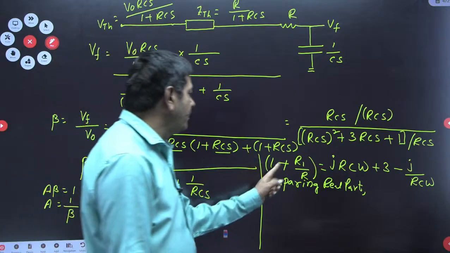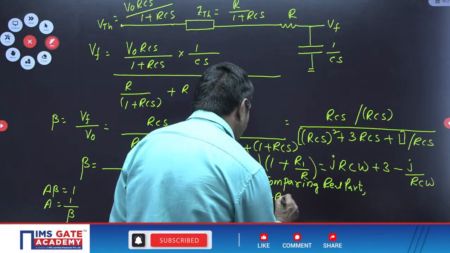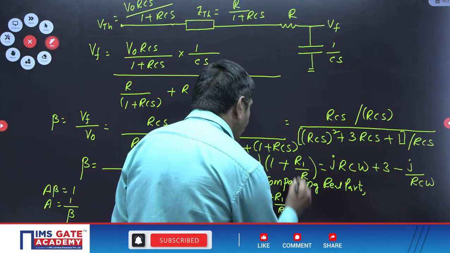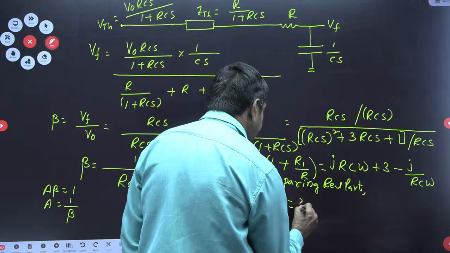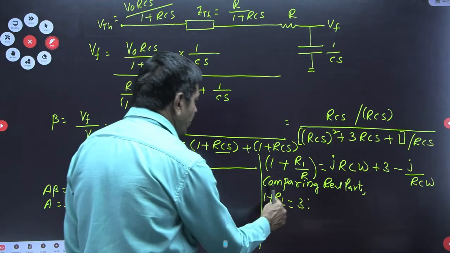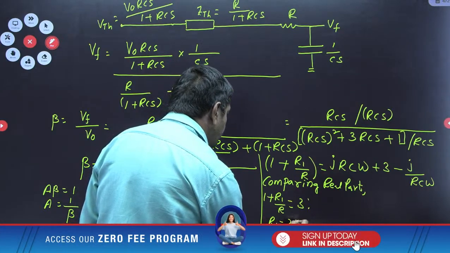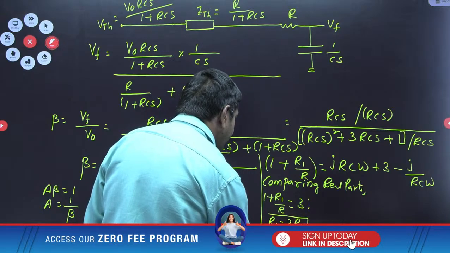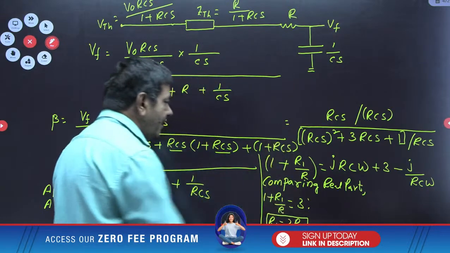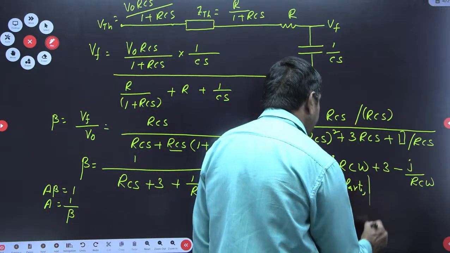Real part means 1 plus R1 by R equal to 3. And R1 equal to what will you get? 3 minus 1, 2. R1 equal to 2R is possible. Yes, we are getting the R1 value. R1 value we got. But I want to compare imaginary parts.